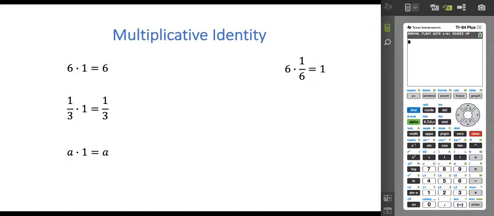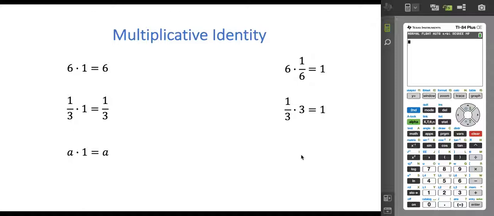What would be the inverse of 1/3 then? What number multiplied by 1/3 is going to give me 1? Well, that answer is 3. 1/3 times 3 is equal to 1. Are you catching on that you're multiplying by the reciprocal?